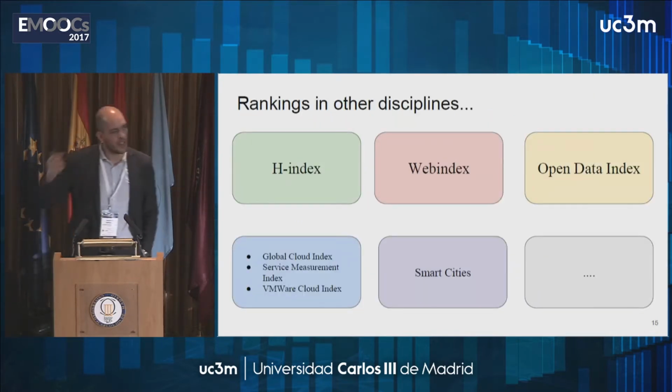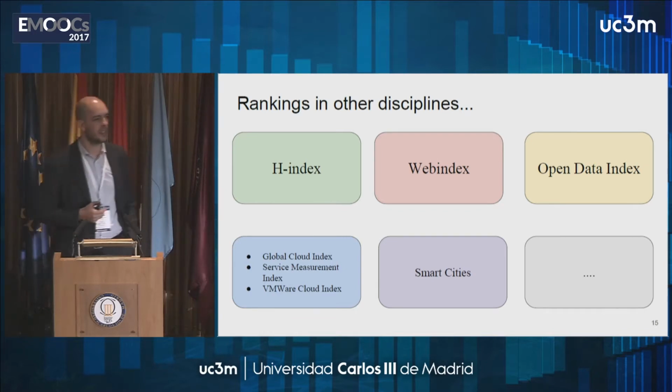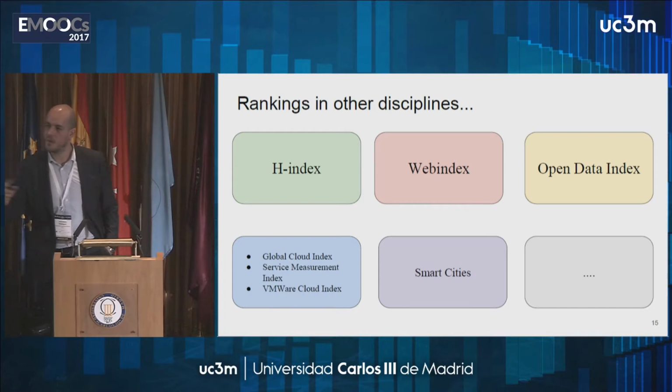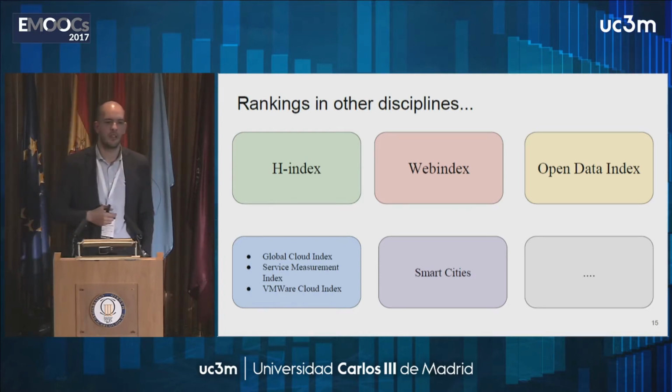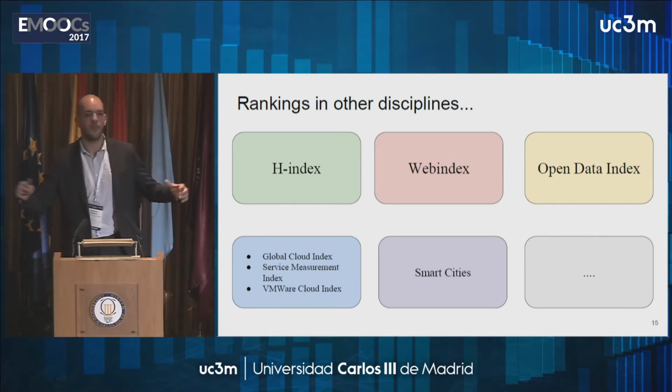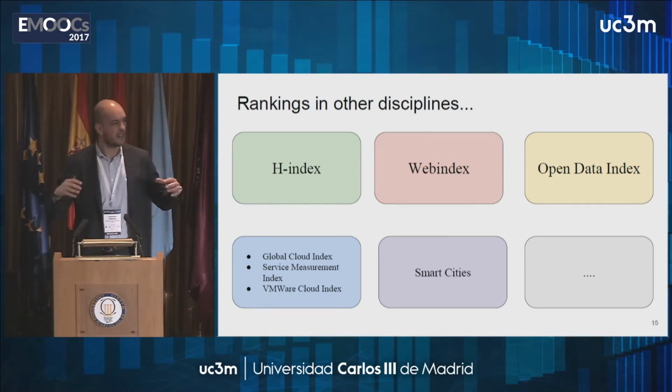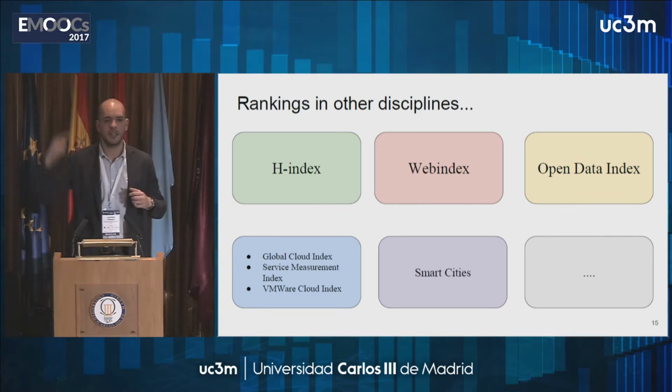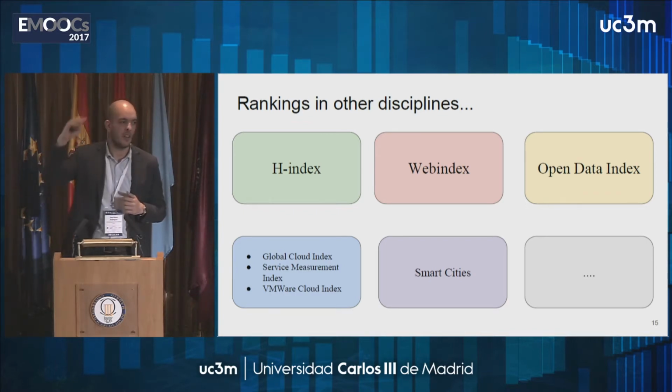We have many other types of indexes, because here what we have is a commonality, the methodology to create these indexes. When we have a lot of information, we have to compile it and somehow provide just one quantitative value to be able to compare the different alternatives.